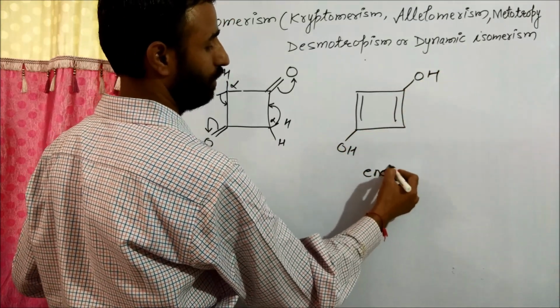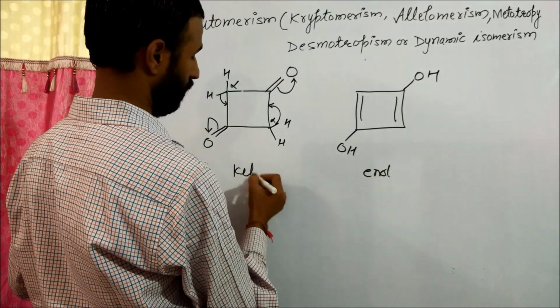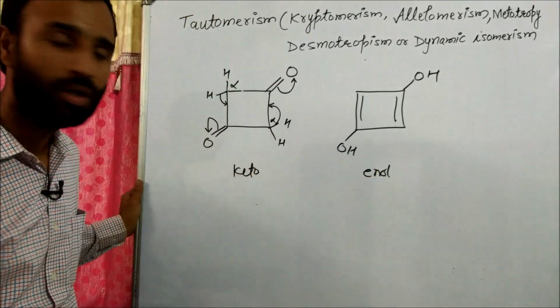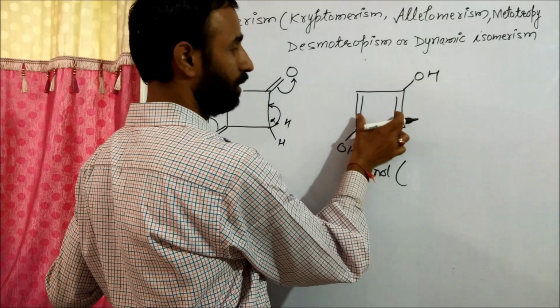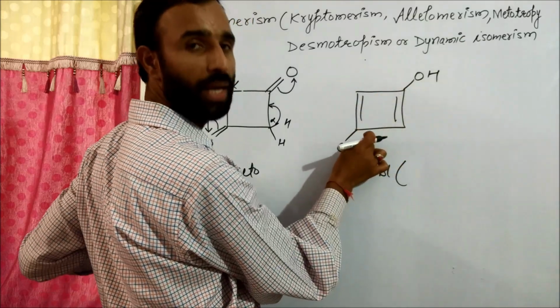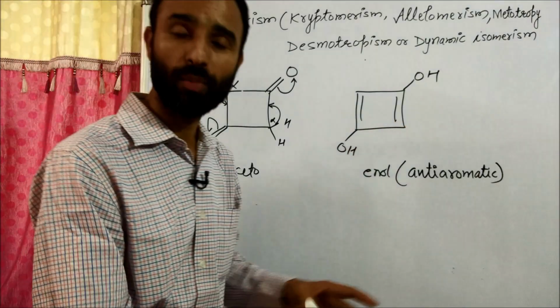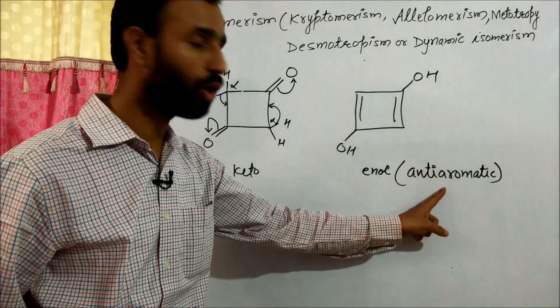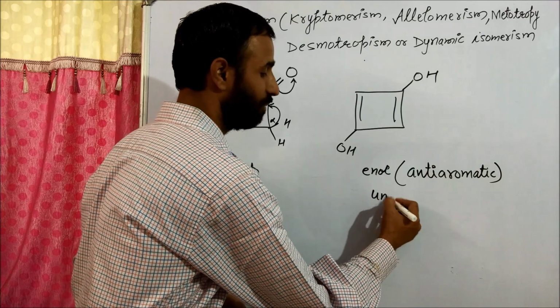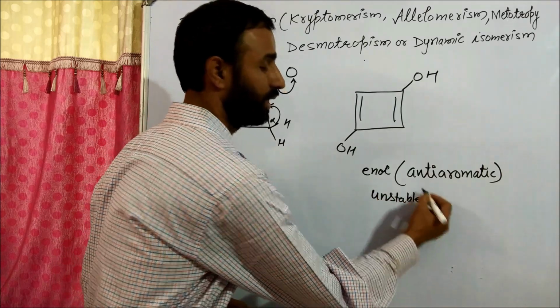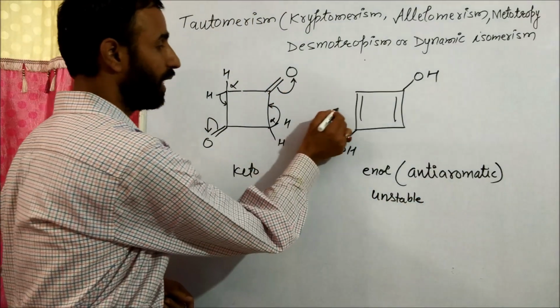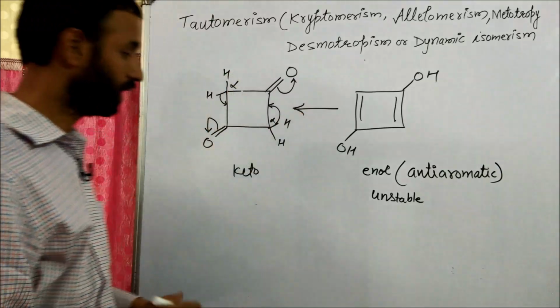This is enol form. But when we form its enol, it is cyclic, planar, 4n pi electrons. It is anti-aromatic. When enol form is anti-aromatic, it is highly unstable. It cannot be formed. So equilibrium lies towards keto form only.